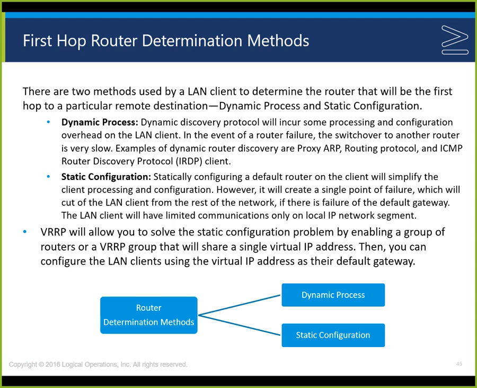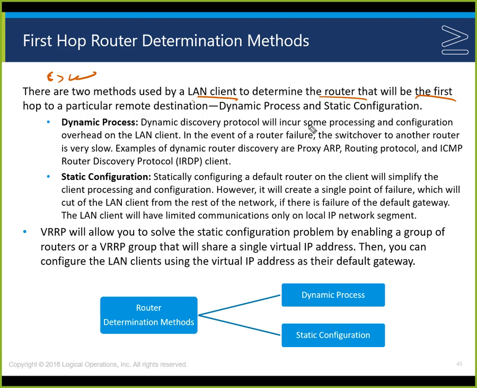We have 2 devices, one running and one standby, one waiting. There are 2 methods used by the LAN client to determine the router that will be the first hop default gateway.